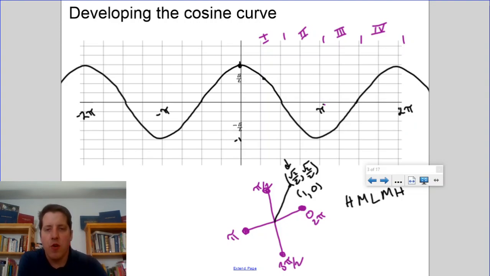It means that the graph is going to start at its top, go to its middle, go all the way down to its bottom, back to its middle, and then all the way back up to its top. Now, this might be different for different graphs. If I multiply the graph by 2 and shift it up 2, then this high is going to be different, but it's still going to be the same pattern. Okay? That is our cosine curve.